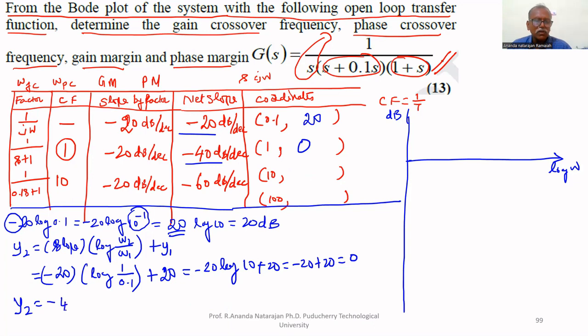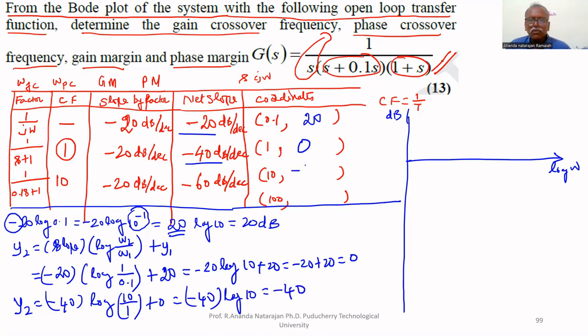Therefore, minus 40 multiplied by log of 10 by 1 plus 0, equal to minus 40 log 10, equal to minus 40. Therefore, the coordinate is minus 40.